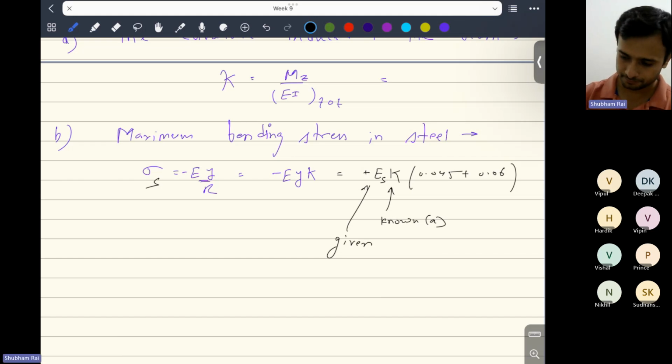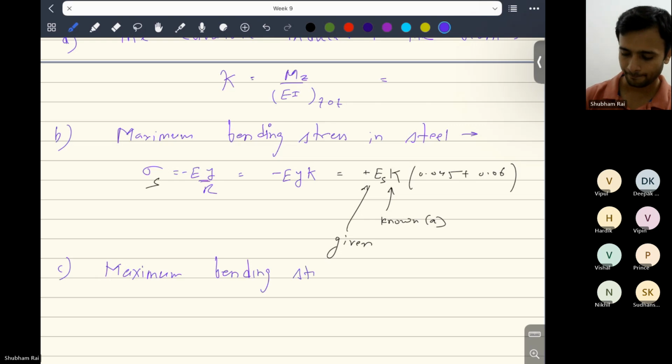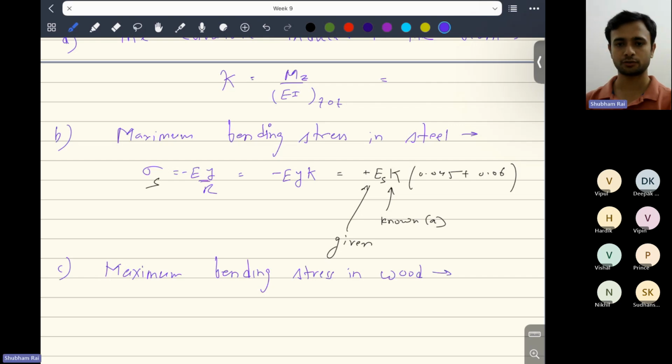Similarly, third part, maximum bending stress in wood. We'll try to find it out.